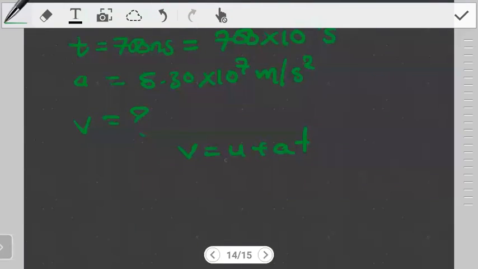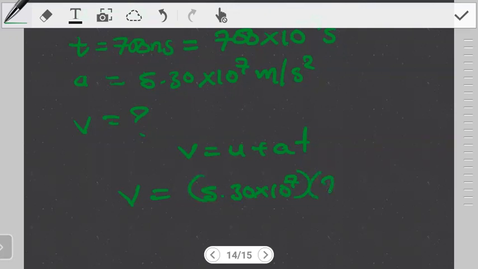From here, we want to find the final velocity. No need for making this the subject of the formula since it already is. So v equals the initial velocity, which is 0, so we only have the acceleration, 5.30 times 10 to the power 7, multiplying the time.